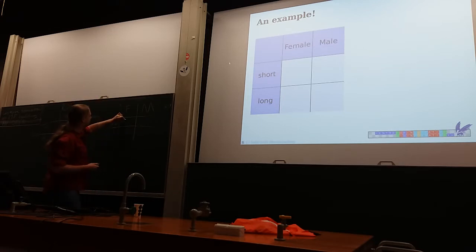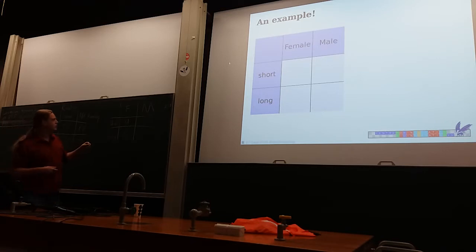Good. 4 versus 6. Not off to a good start. Males now. Short hair. 1, 2, 3, 4, 5, 6, 7. 7 males with short hair. How many have long hair? 1, 2, 3, 4. 4. Excellent.